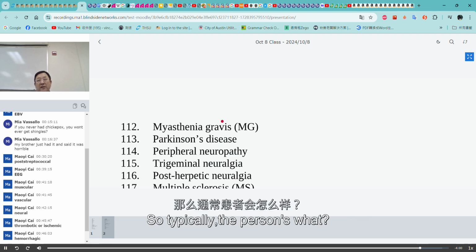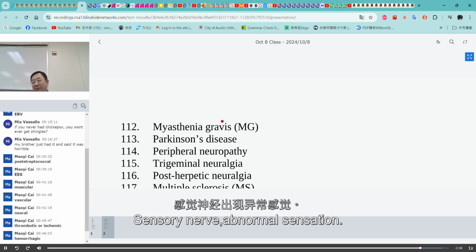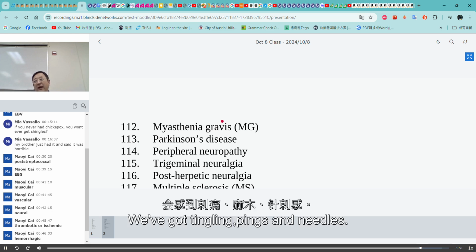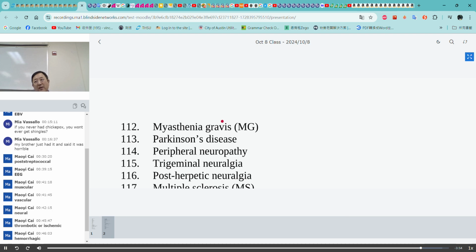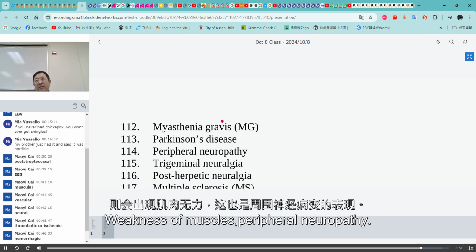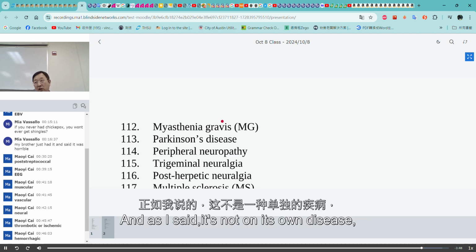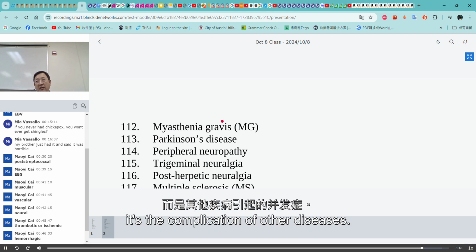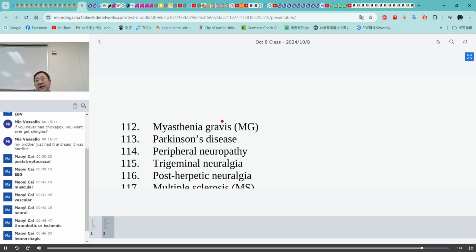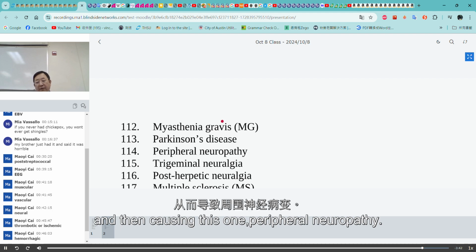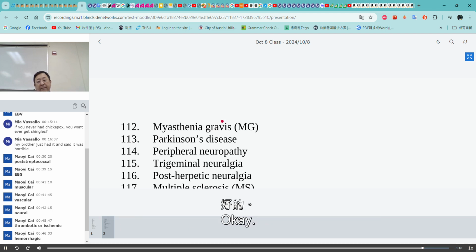Typically the person has sensory nerve problems, abnormal sensation. We call it tingling, pins and needles. Or motor problems, weakness of muscles. As I said, it's not a disease on its own. It's the complication of other diseases, causing peripheral neuropathy.